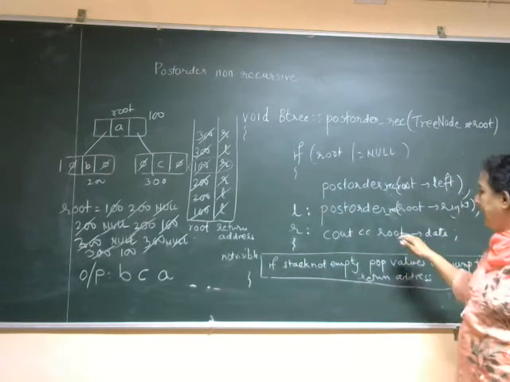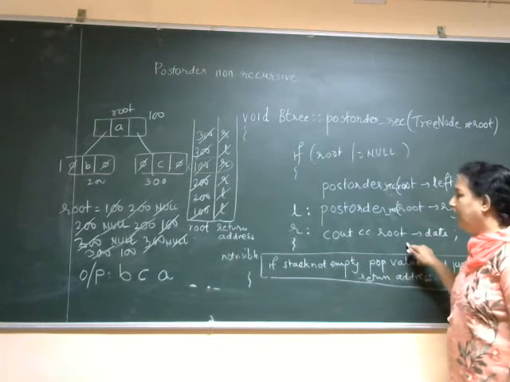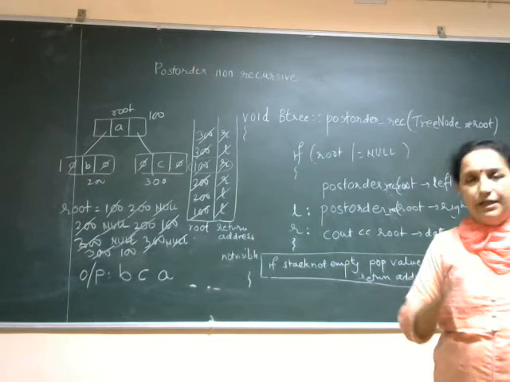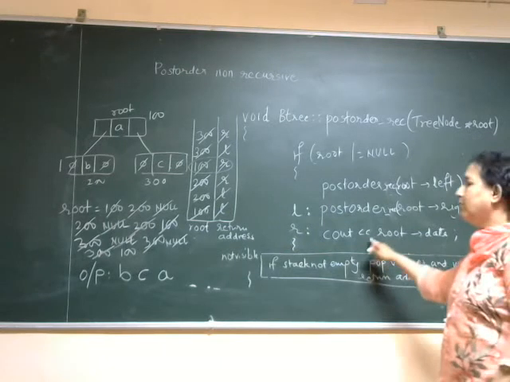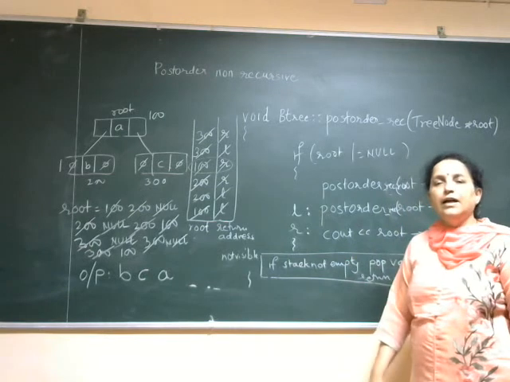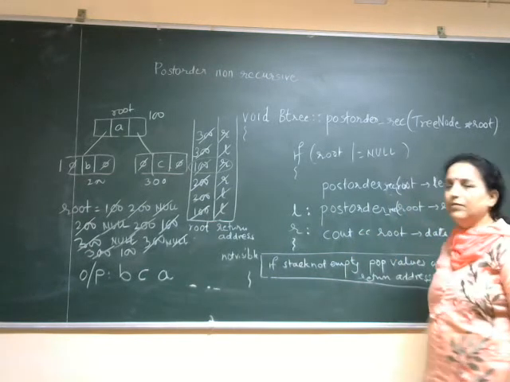And then if there is none, if return address is R, I have to display the data. If return address is L, I should go to right. That is the logic. Okay.